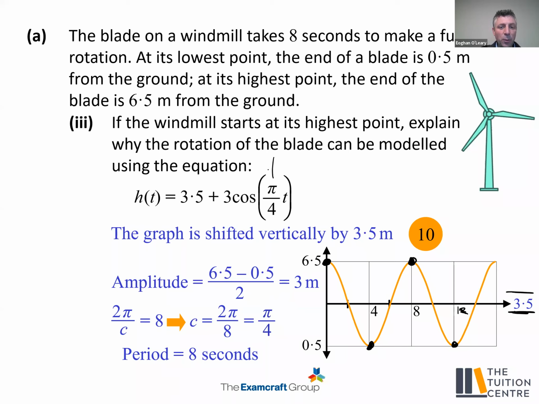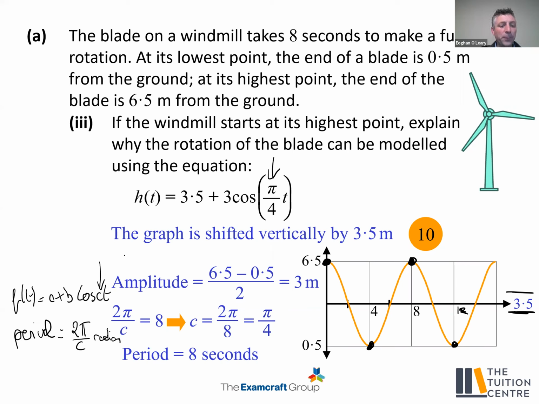I suppose just to confirm why this is pi over 4t, we know that if you have a graph of, let's just say f of t equals a plus b times the cosine of ct, we know that the period is equal to 2 pi divided by c radians, where c is the coefficient on the variable within the cosine part or the sine part.